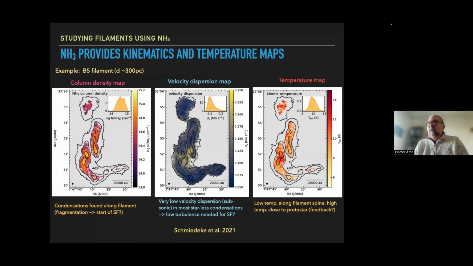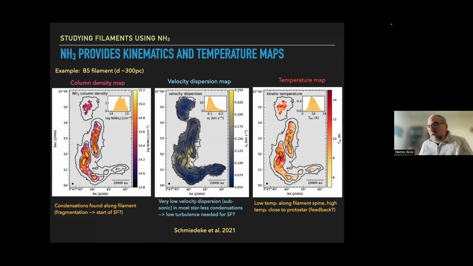So what can you do with ammonia in addition to probing the structure? You can study the column density, and from it we can see that there are different condensations along the filament, and this could be because of fragmentation along the filament.